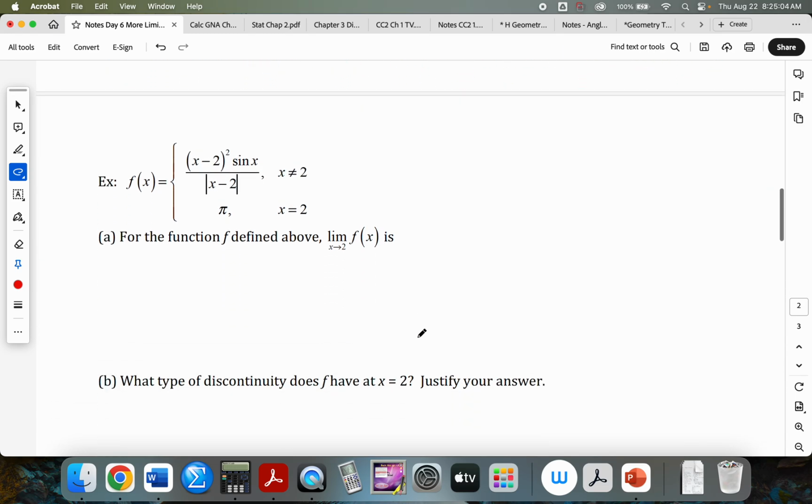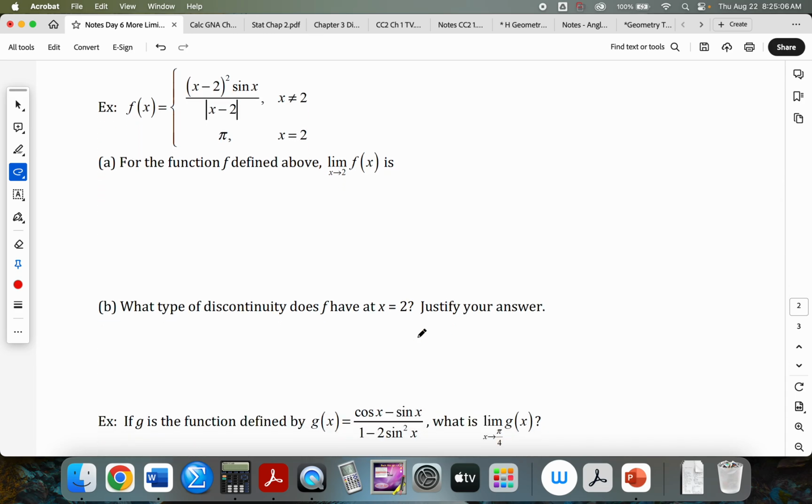All right, page 2. So here we have a piecewise defined function. F of x is x minus 2 quantity squared times sine of x over the absolute value of x minus 2 for x not equal to 2, and it's equal to pi for x equal to 2.